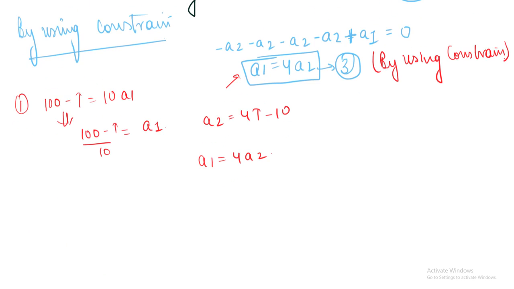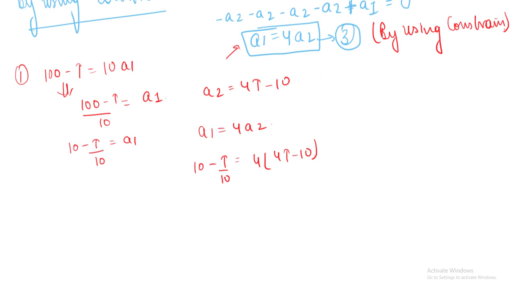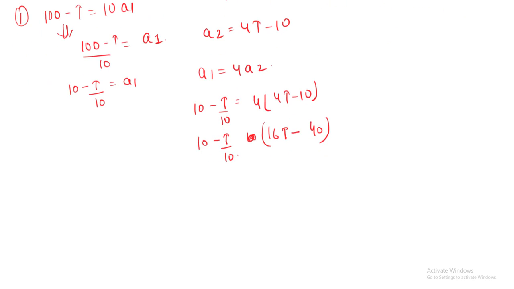This can be written as 100 minus T by 10 is a1. So 100 minus T by 10 is equal to 4 into 4T minus 10, so 16T minus 40.